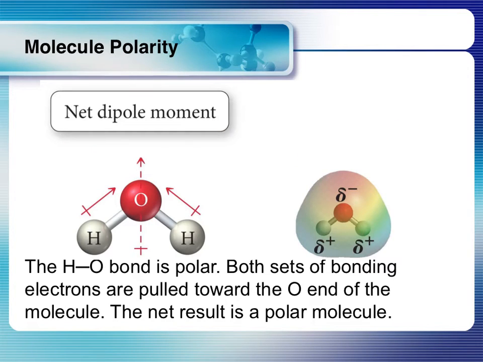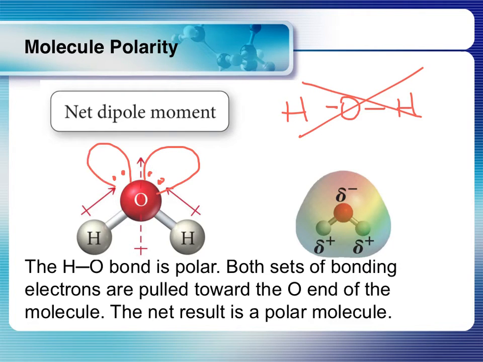Looking at water, for example, if you didn't know the shape of water, if you didn't know how to draw Lewis structures, and you thought it was linear, you might think that water was nonpolar too. But because you know how to draw Lewis structures, and you know that there are actually two non-bonding pairs of electrons on the oxygen, and that it happens to have an electron domain geometry of tetrahedral, you know that the molecular geometry is bent.